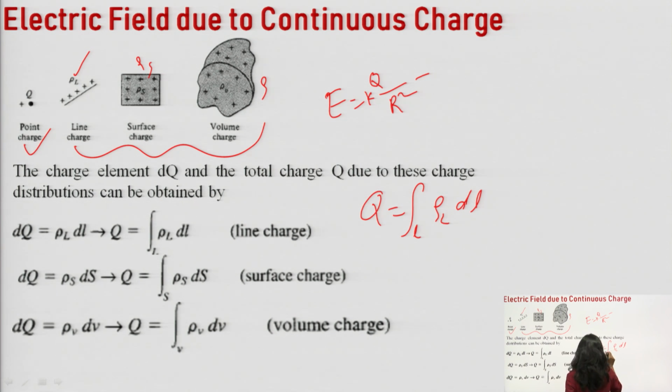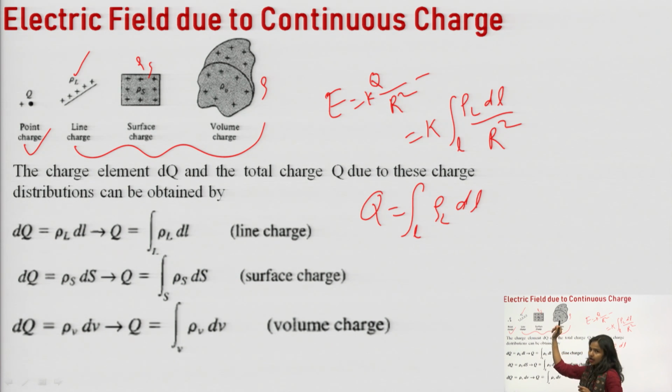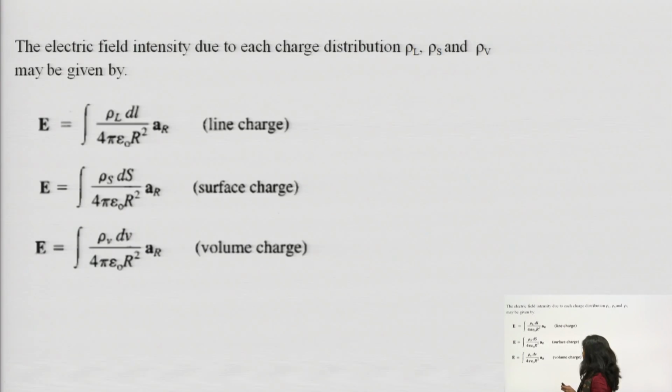If we place this quantity here, our formula for electric field will change and it will be k line integration rho L dl by r square. Similarly, we can change the value of E for surface charge as well as volume charge. So these are the three formulas for electric field in case of line charge, surface charge and volume charge.